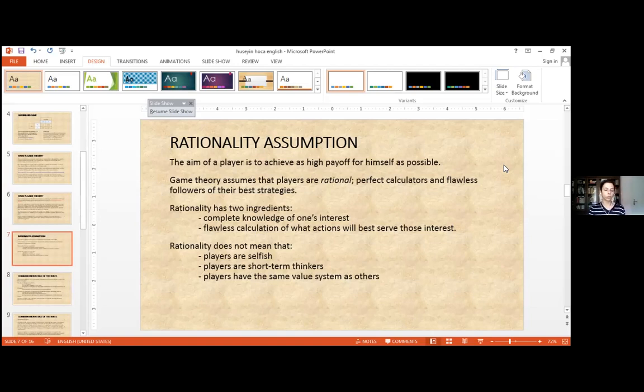So how good is this rationality assumption? At one level, it's obvious that we cannot all be rational. Our emotions and our past experience affect our decisions, and people are boundedly rational in this matter. They intend to be rational, but they are limited in doing so. So we sometimes may end up with suboptimal decisions. We are limited cognitively, we are limited computationally, and we have imperfect information limitations or time constraints.